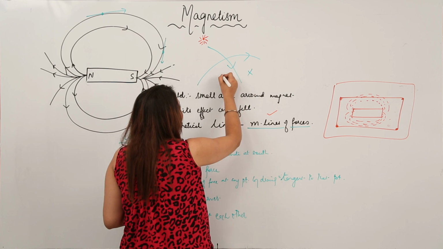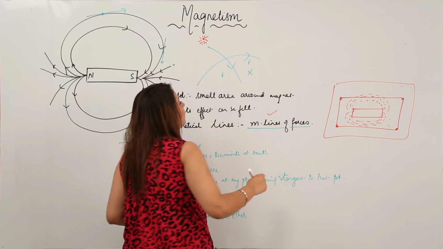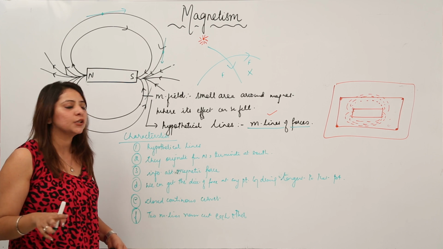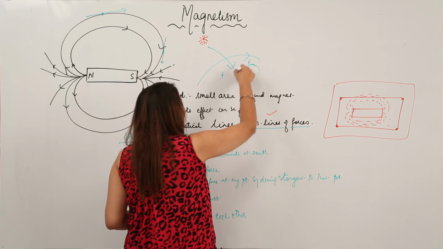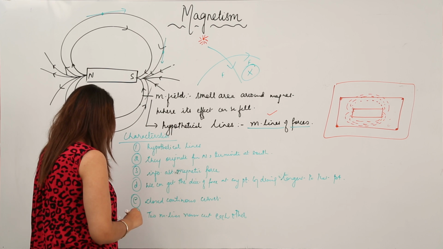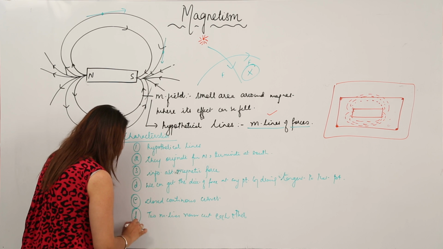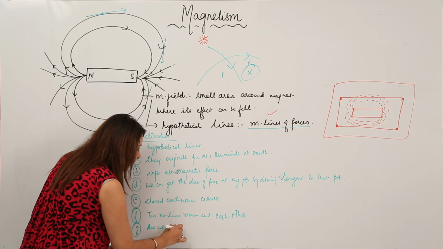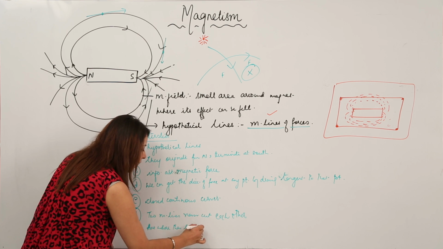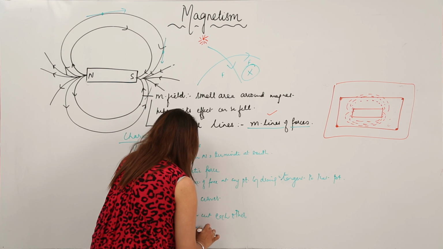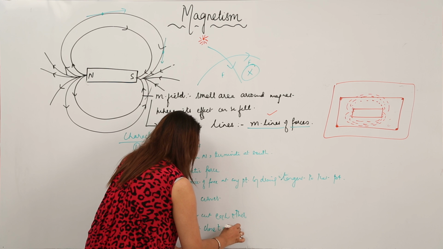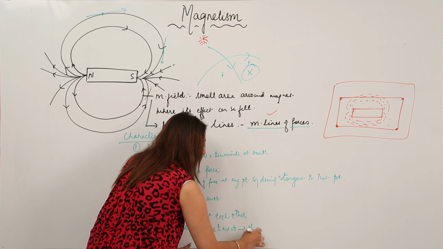No, because they are giving the direction of force, and force cannot have two directions because force is a vector quantity. So that means they don't intersect. And moreover, the area where these lines are close to each other indicates strong magnetism.